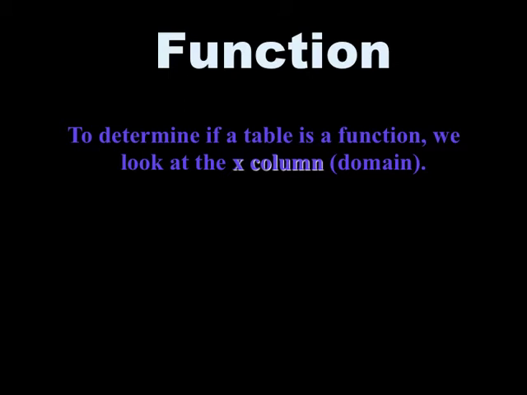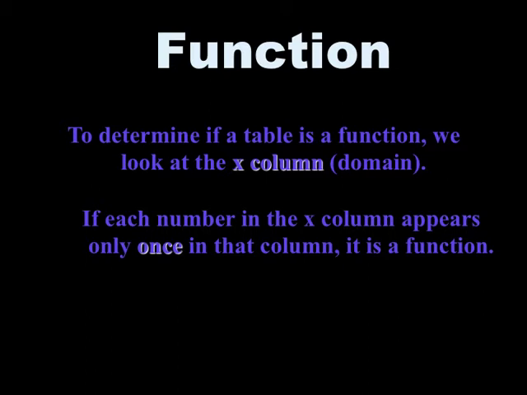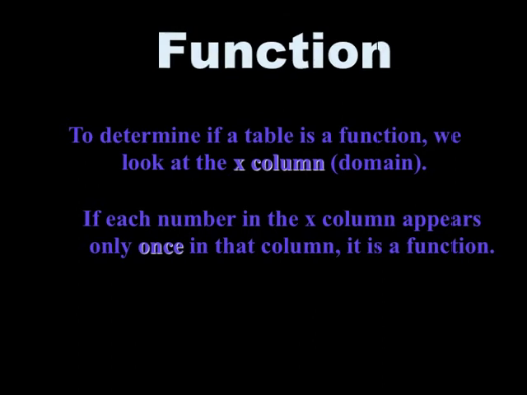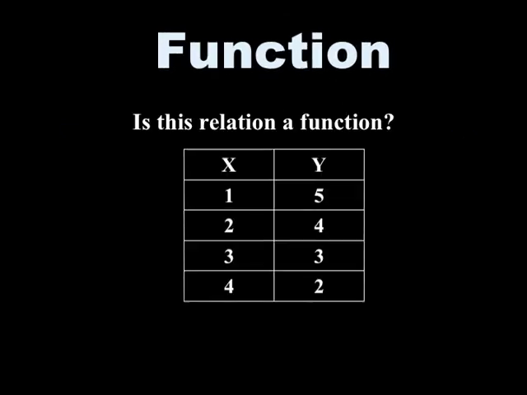But let's look at it. If you're given a table, if each number in the x column appears only once in that column, then you have a function. So let's see, is this relationship a function?